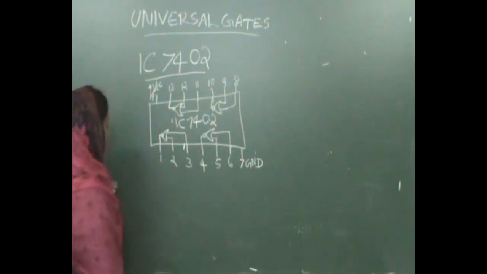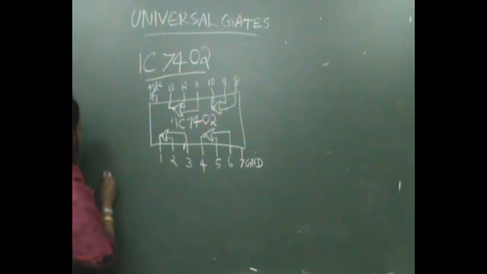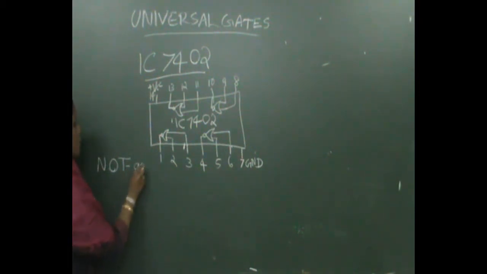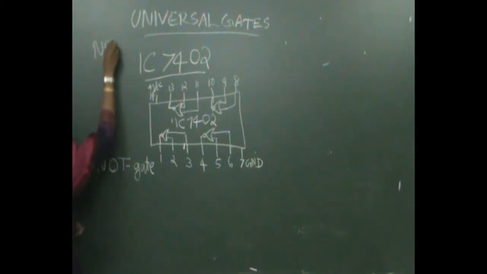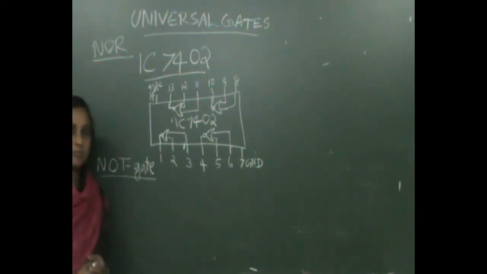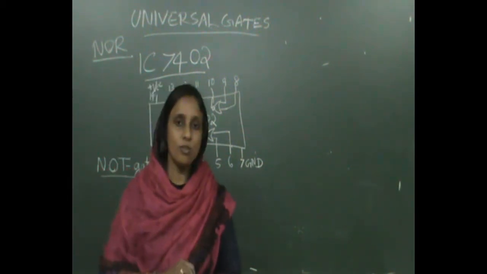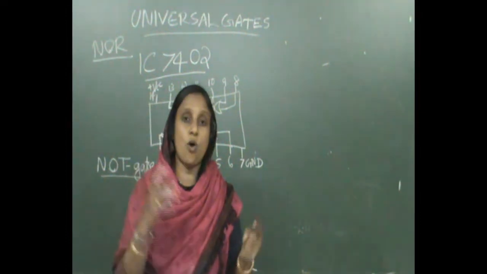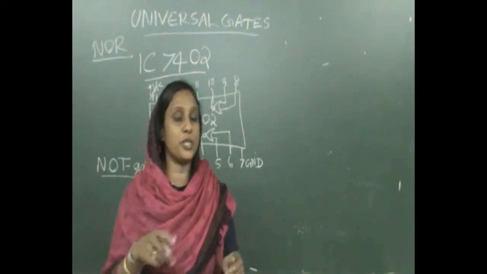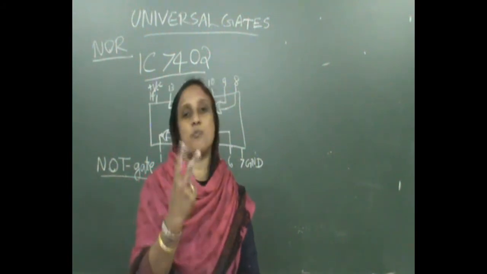For that, first, inverter or NOT gate. NOT gate using NOR. We already learned that NOT gate has only one input. At the same time, we learned that NOR gate has at least 2 inputs.